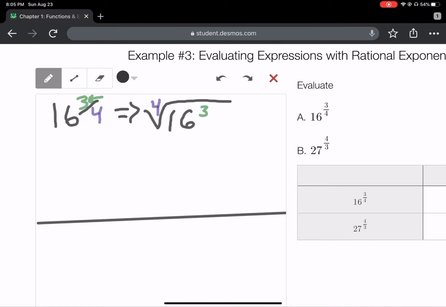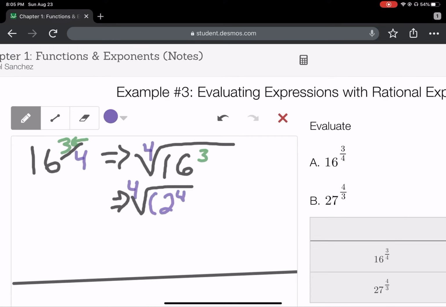I know from the previous problem that the fourth root of 16 would give us 2, because 2 to the power of 4 gives me 16. And then I'm going to still keep my 3 right here.